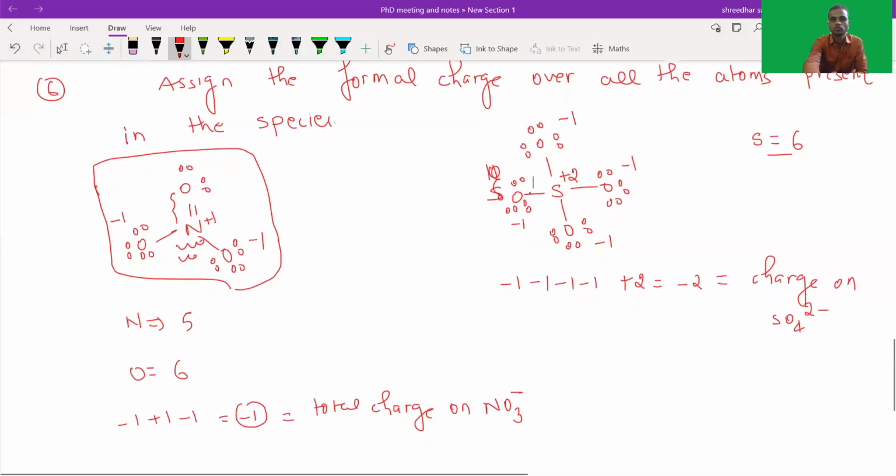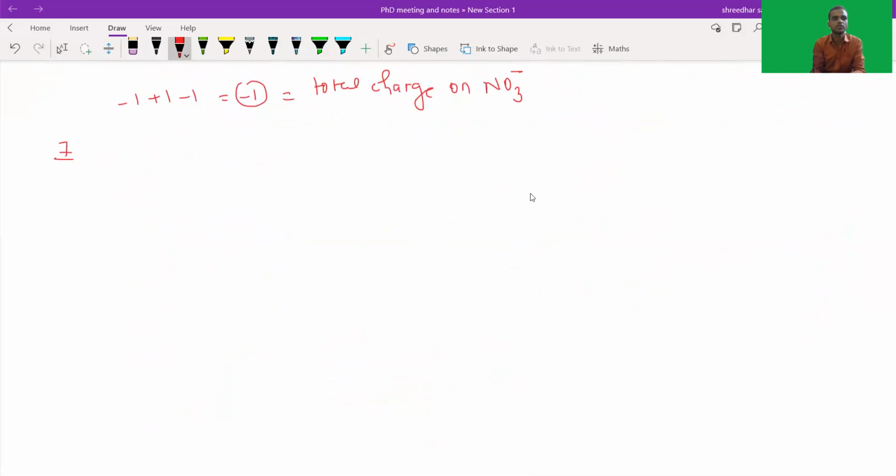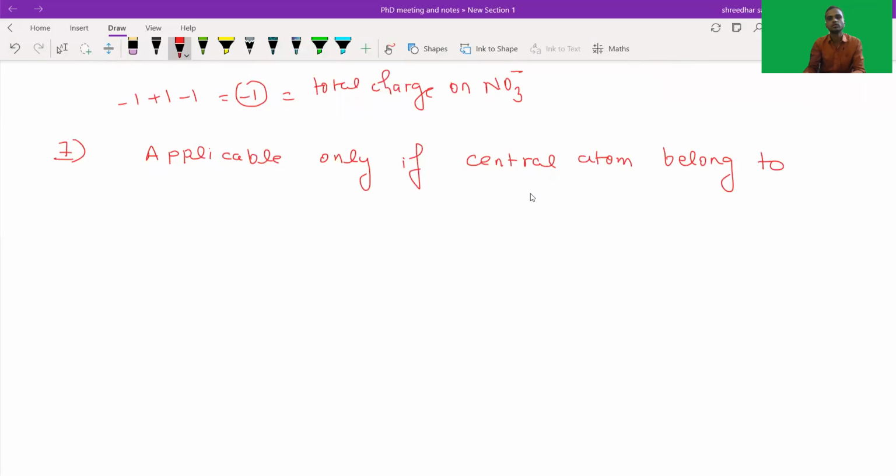Okay, so what is that seventh step? First write down: applicable only if central atom belongs to third period or beyond. Okay, so what is that?